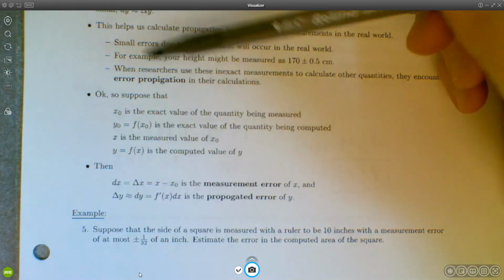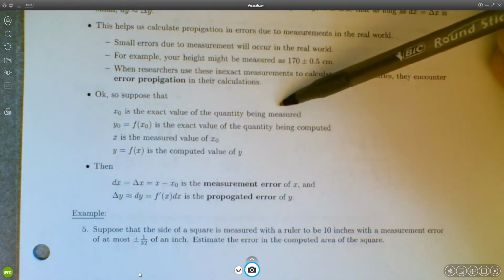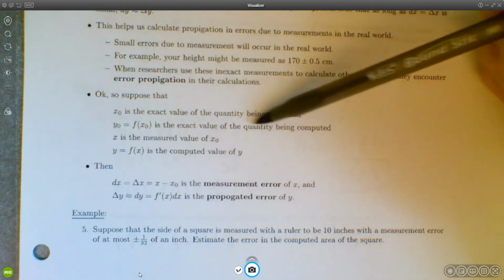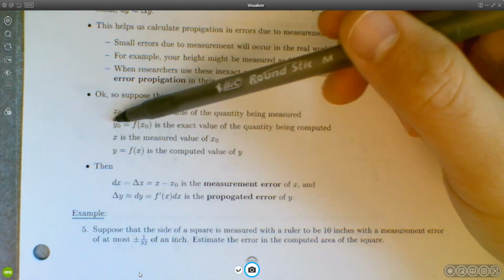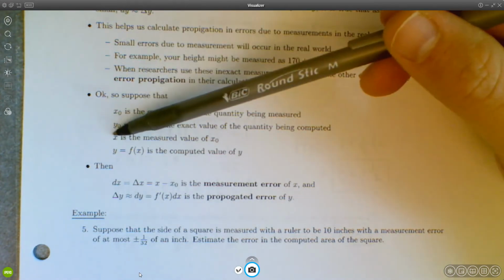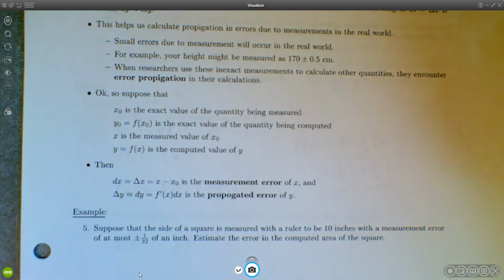Well, suppose that x naught is the exact value of the quantity being measured, and f of x naught is the exact value of the quantity being computed. Or in other words, we'll call that y naught sometimes. And now let's say that x is the measured value of x naught and y is the computed value of y.